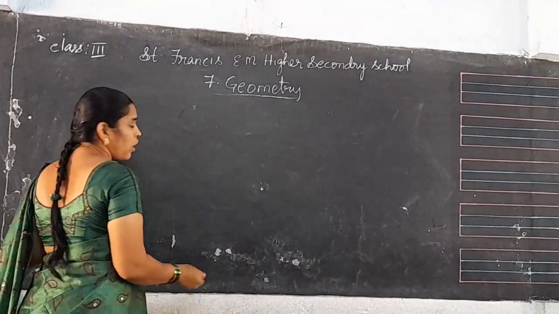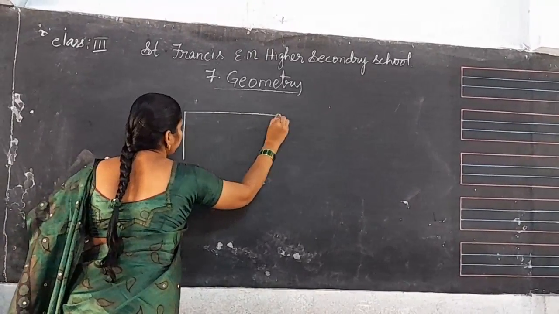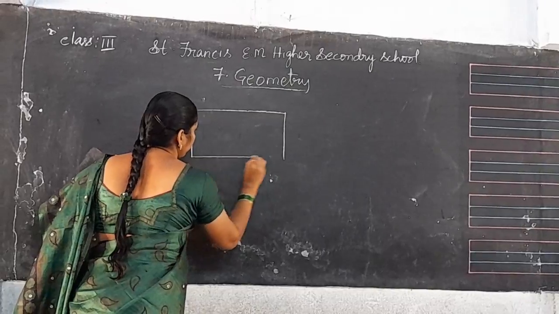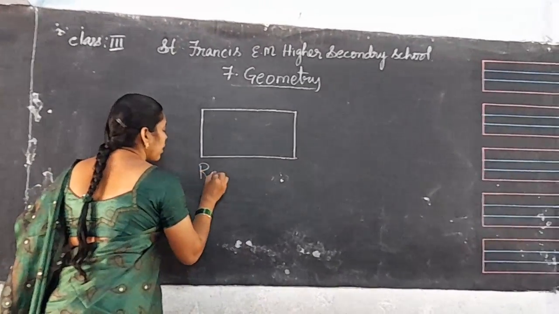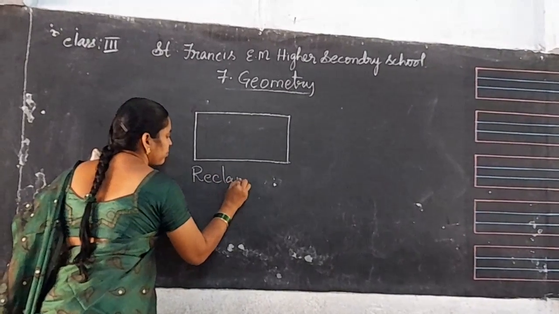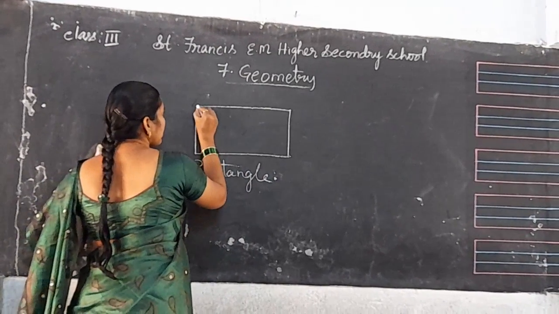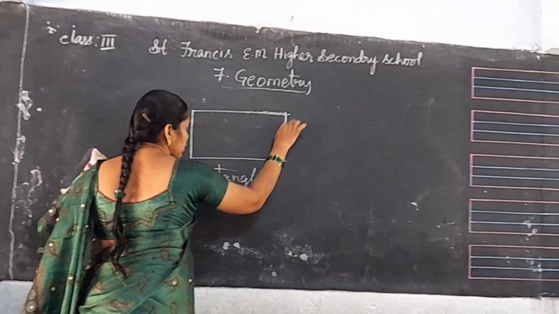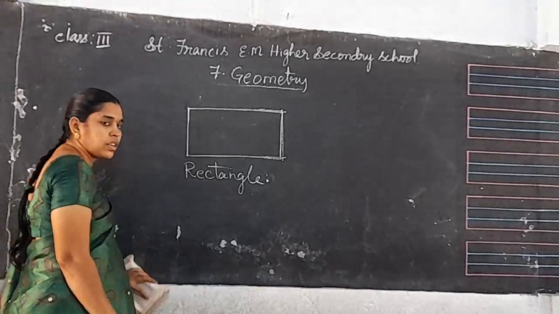Now identify these shapes. What is this shape? Right, rectangle. Here, how many straight lines? This is one straight line, and this is one straight line, and this is one straight line, and this is one straight line.